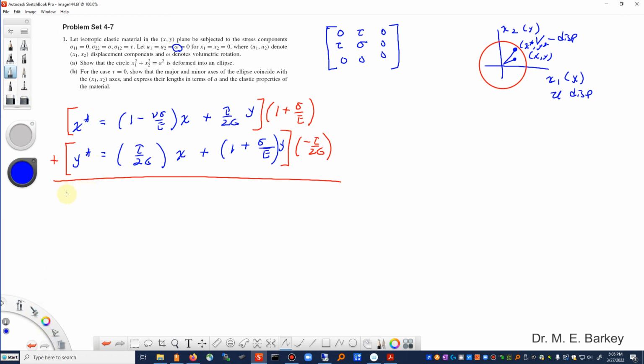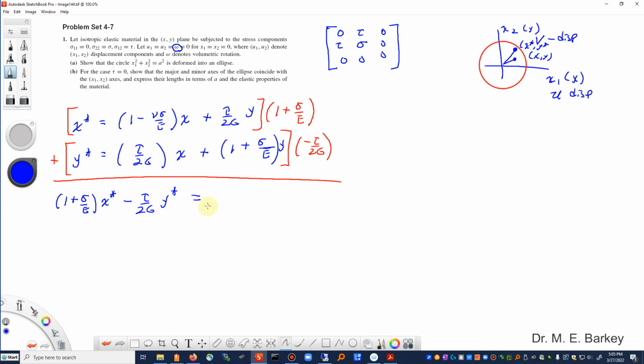All right, keep an eye on my algebra here. I'm going to have a 1 plus sigma over E x star, and I'm going to have a minus tau over 2G times y star.